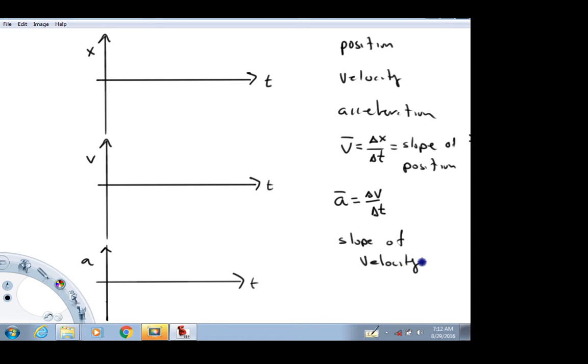All right, so what I'd like to do here is go through an example. I'm going to draw a velocity graph, and then from that, we want to be able to sketch the position graph and the acceleration graph. So I'm just going to make up a graph here.